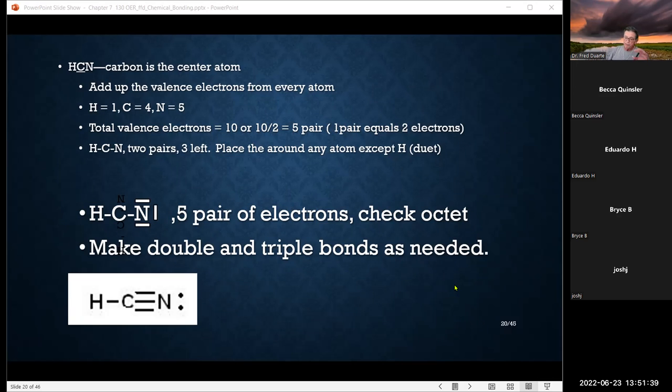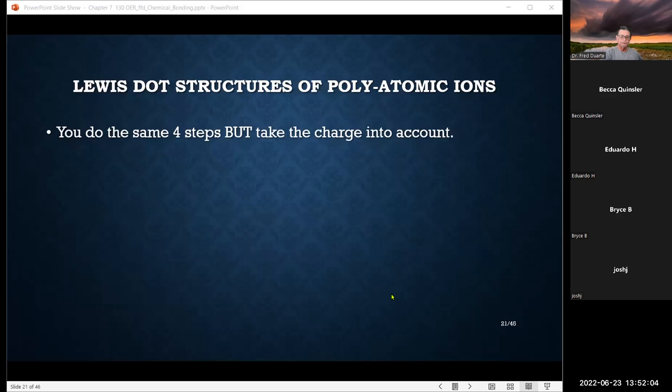But keep this in mind: when you're finally done with making whatever bonds you need to make, go back and do a check to make sure you still have 5 pairs, in this case, or whatever number of pairs you calculate. You don't want to lose any, and it does happen. When you get a lot of electrons, you kind of miss one, or you may add some by accident. So check, make sure.